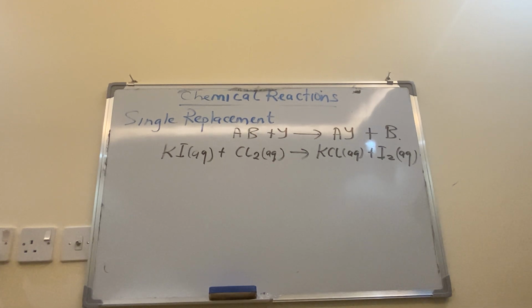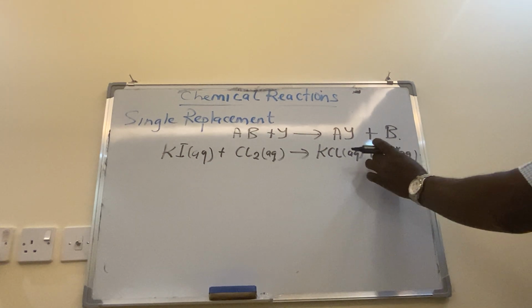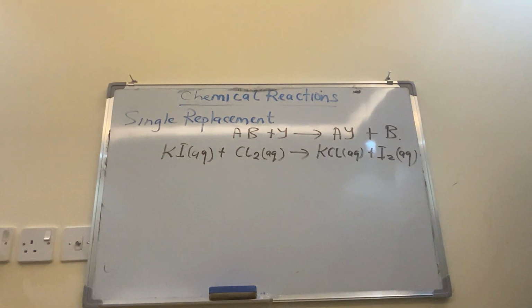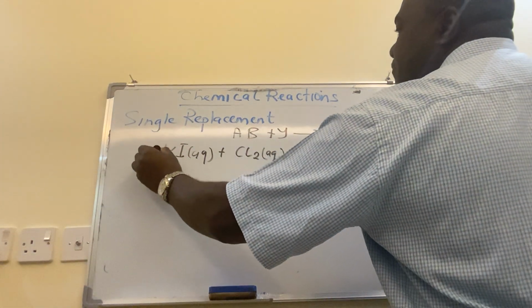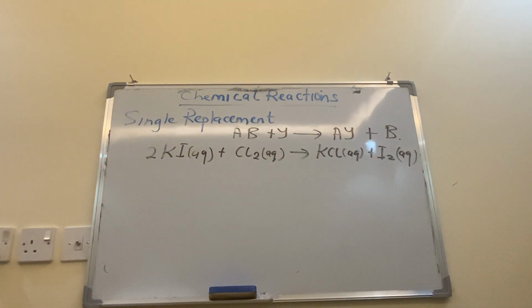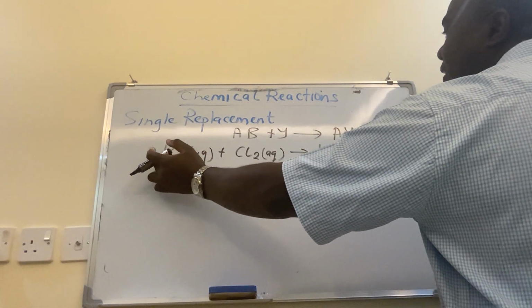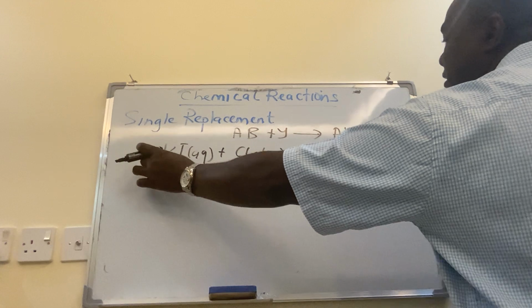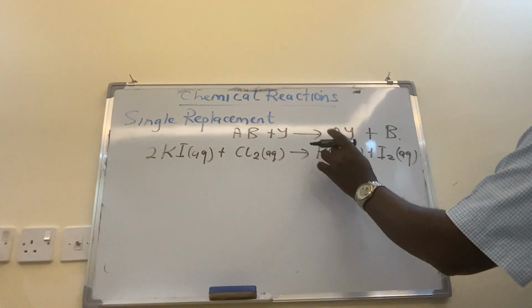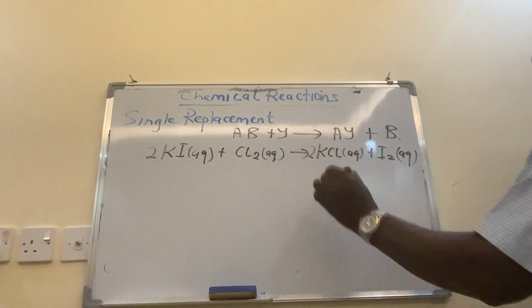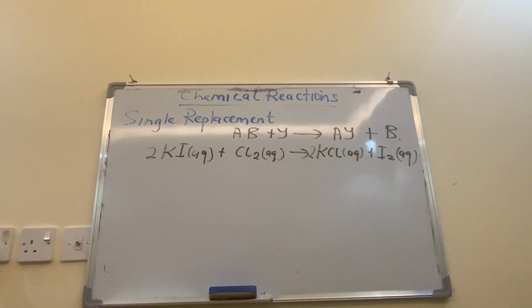So there's some balancing of the equation which we must do. For instance, you see here, there's 2 iodine there, 1 iodine here. So we put a 2 there to balance off our iodine, and the coefficient is affecting K, meaning 2 potassium atoms, we still have 1 there. So we put a 2 there to also balance our potassiums.